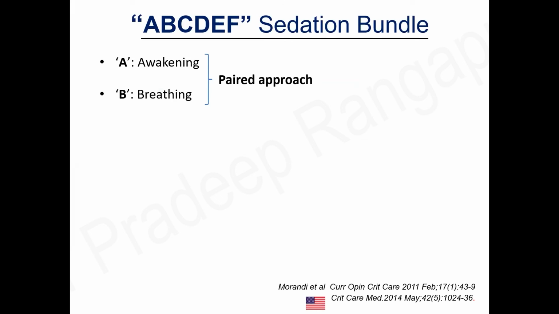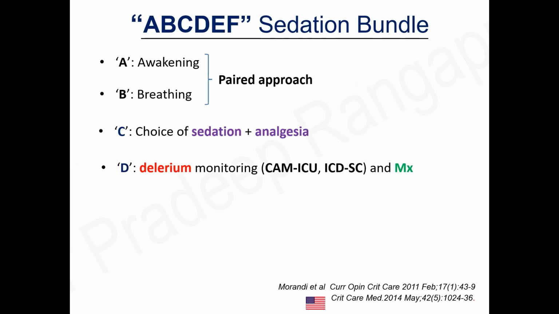So one has to adopt the usage of this ABCDEF sedation bundle. This is an acronym. A stands for awakening. Every day we lighten the patient, and B is putting them on a spontaneous breathing trial or weaning process. And C is choice of sedation. As I said, analgesia-first sedation is something that one should keep in mind. And D is that every patient in the ICU has to be monitored for delirium using the CAM-ICU score or ICDSC and appropriately manage the delirium.